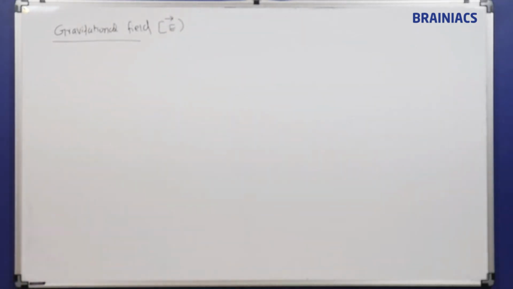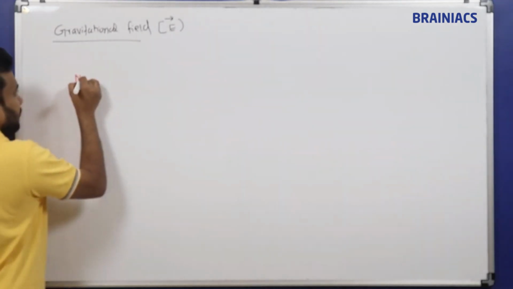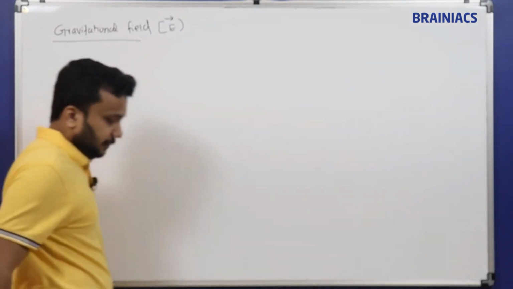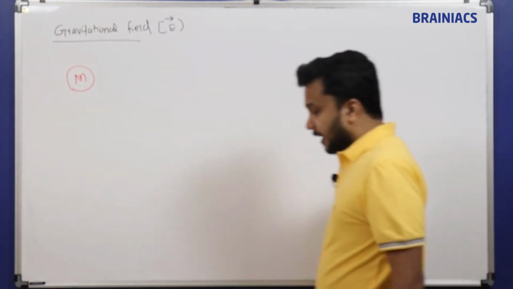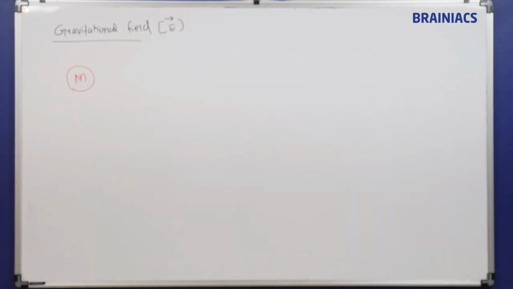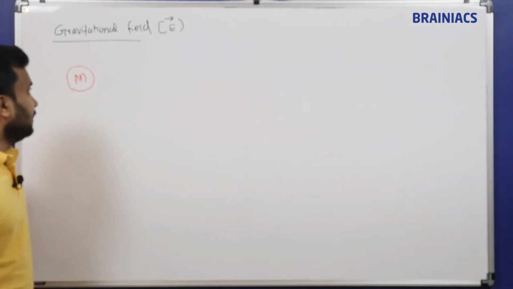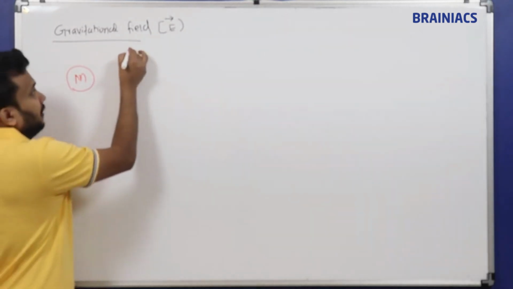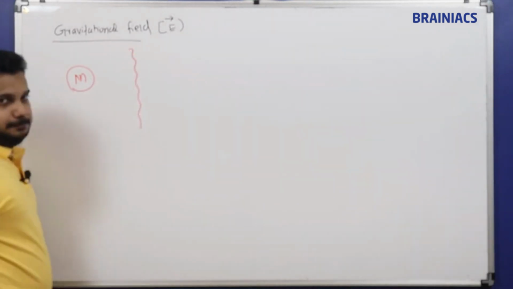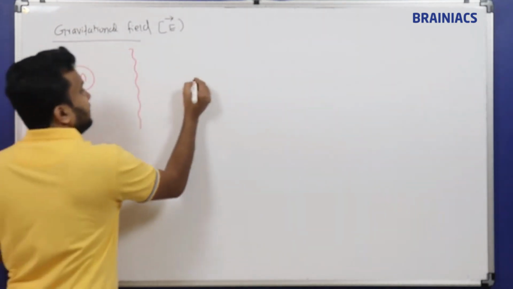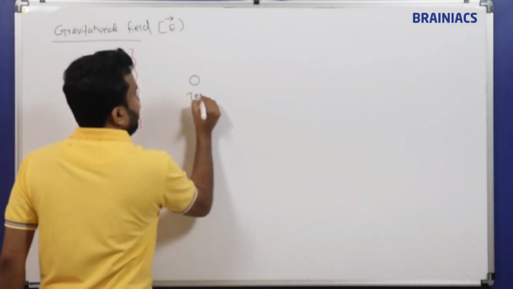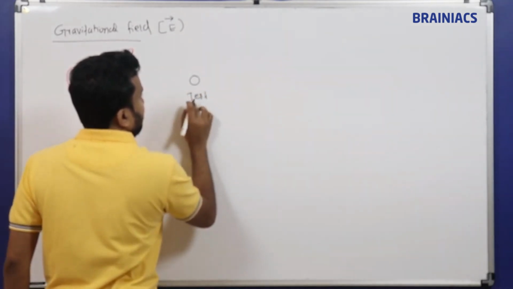What is called a gravitational field? Listen here. I have a mass called capital M located over here. There is a border line over here. I have some test mass. This is called a test mass.